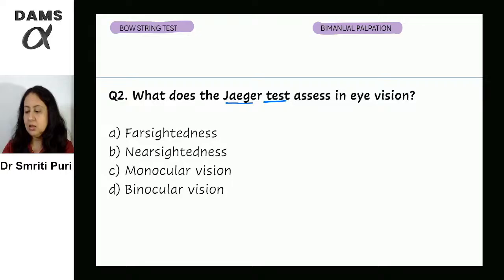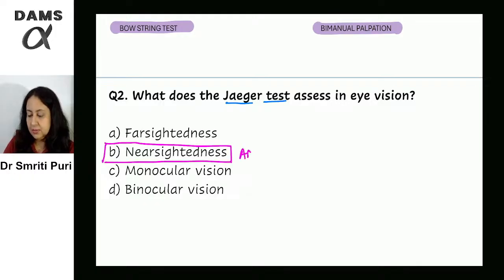So the correct answer here is nearsightedness. Now one is Jaeger's chart, one is Snellen's chart.